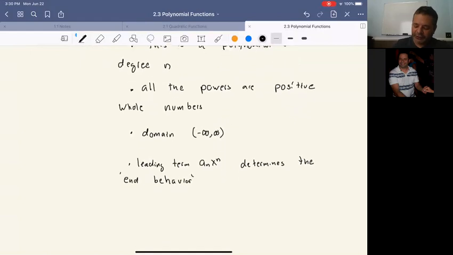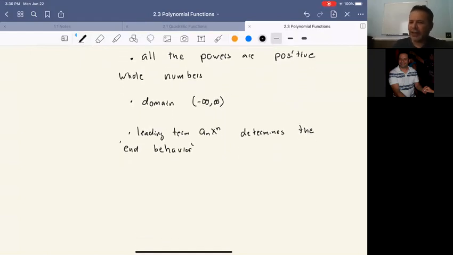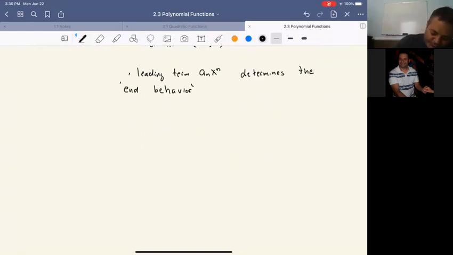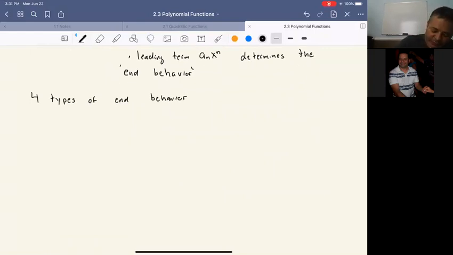Okay, so there's actually only 4 kinds of end behavior. And let's list them out.